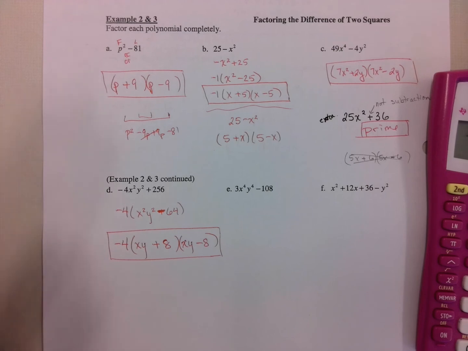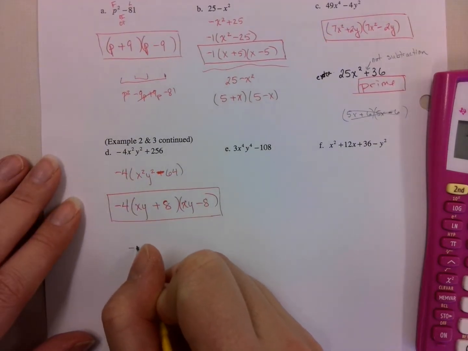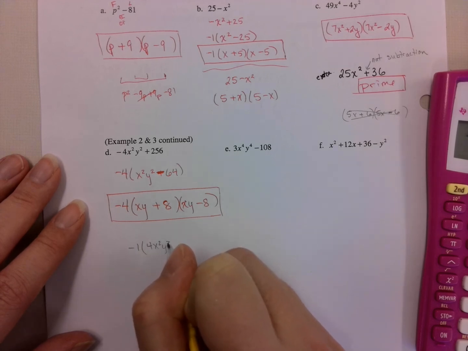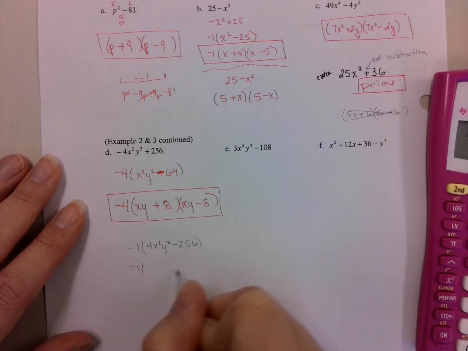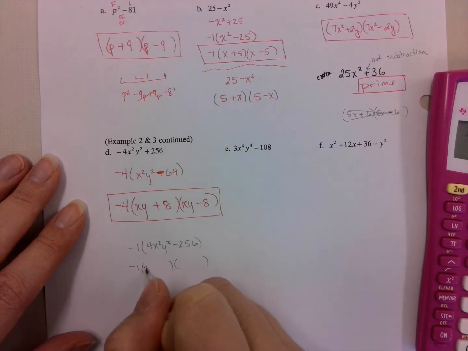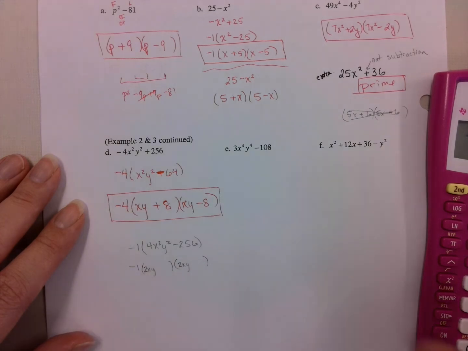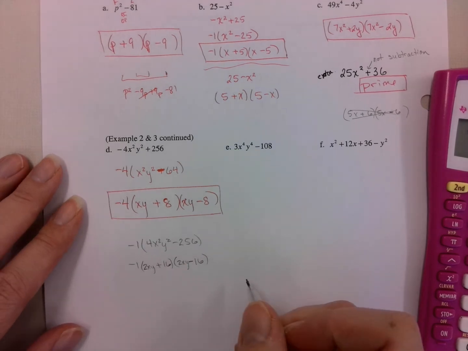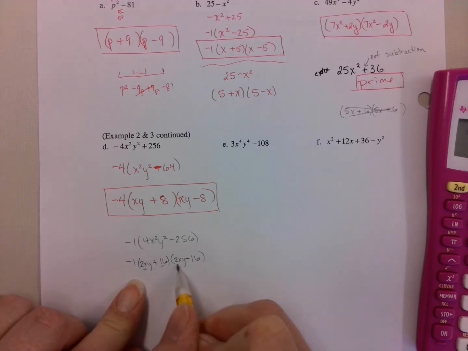Now, let's say you just jumped in and you went to the original. Maybe you took out the negative 1 because that would make it a little easier. 4x squared y squared minus 256. Okay, so if you do this and you say, well, they were both perfect squares, you'd have a 2xy and a 2xy. And the square root of 256 we said was 16. So here is the problem. It looks good, it looks like a difference of squares, but you see how you have a common factor?